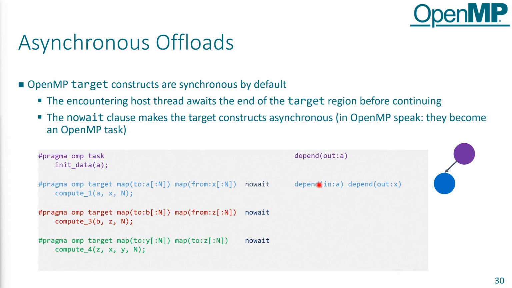So this means this task, the blue task, and the purple task have a dependency. At the same time, we can say this GPU task is producing X, and we add the corresponding out dependency. And when we do this, we can model the corresponding output dependency for the red task and the green one, and we get the resulting task dependency graph that I'm showing on the right side of the screen.